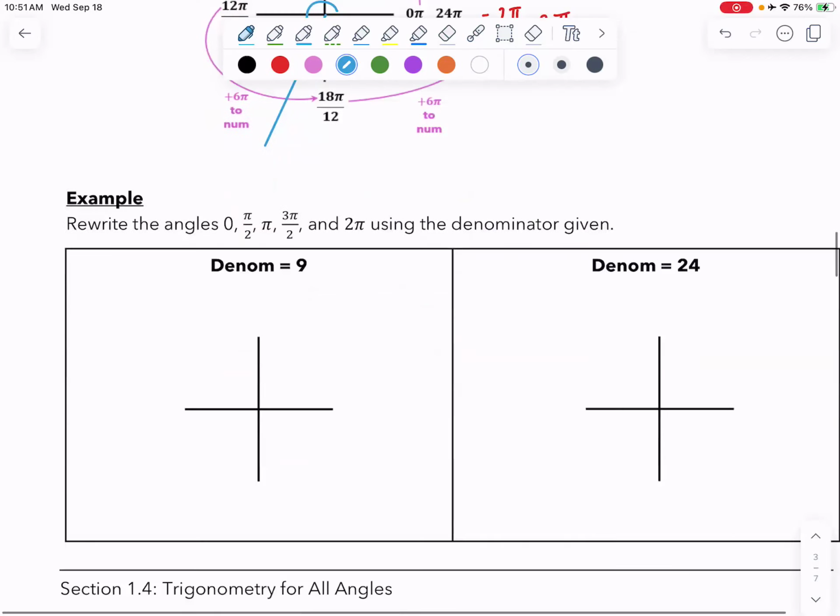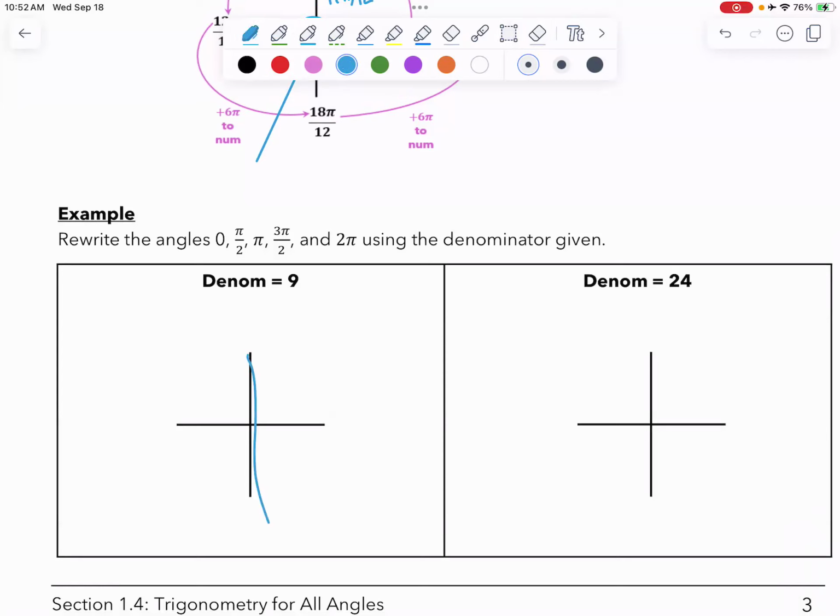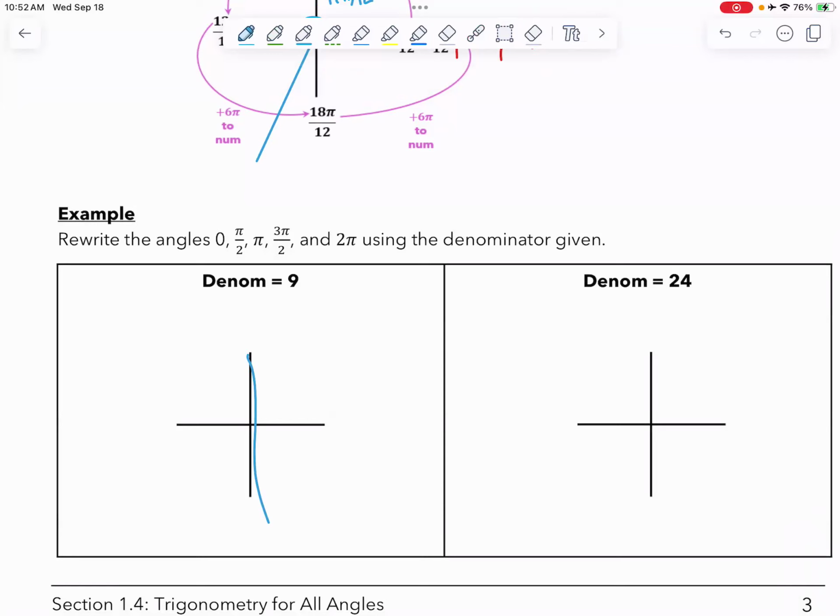So we'll do a couple examples of rewriting the spokes of our coordinate system. Okay, we're going to rewrite the spokes with different denominators. We're going to do denominators of 9. Half of 9 is 4.5, and we are going to use 4.5 in the numerator.